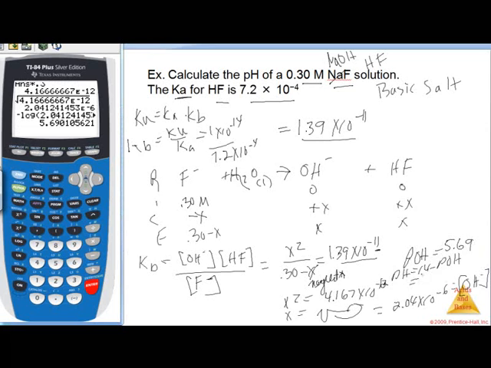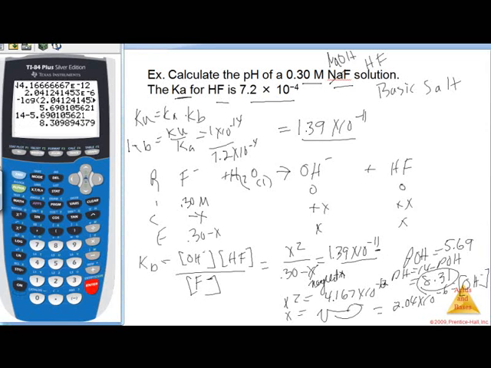So that's going to be 14 minus that pOH, and that will come out to be 8.31. Let's check sig figs. I've got 2 sig figs, 2 sig figs, so I want 2 sig figs, which means 2 places after the decimal, and that is my answer.